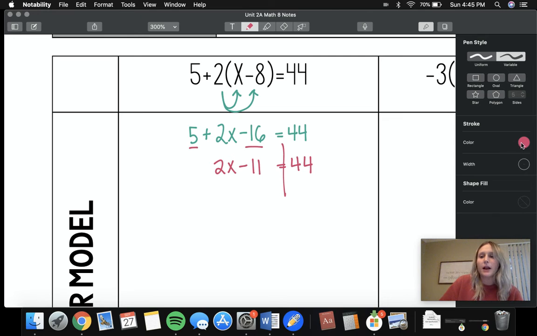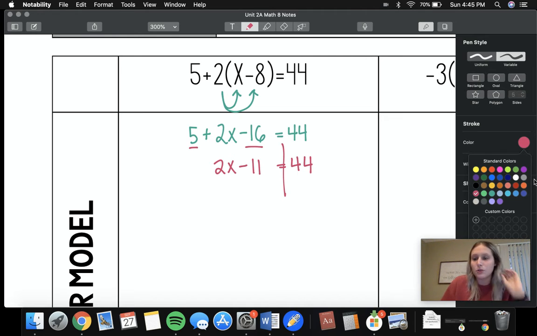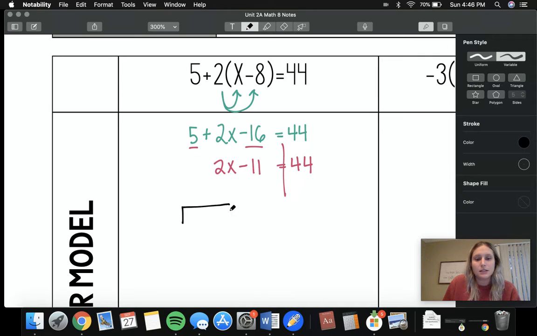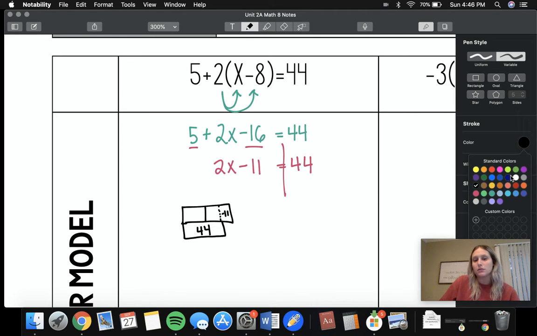From here, if you want to visualize it, use a bar model or your problem-solving strategy. We have 2 x's, but we're taking away 11, so it's a little bit smaller, and that full amount is 44. We need to figure out what 2 x's are equal to so we can figure out what 1 x is.